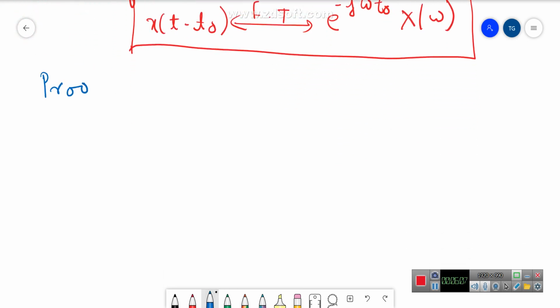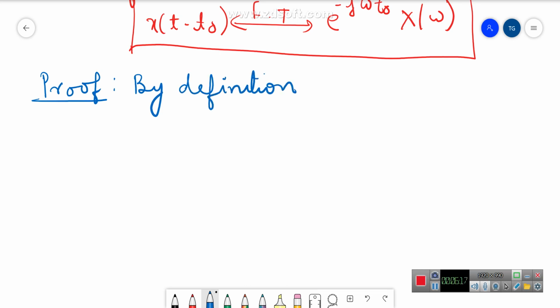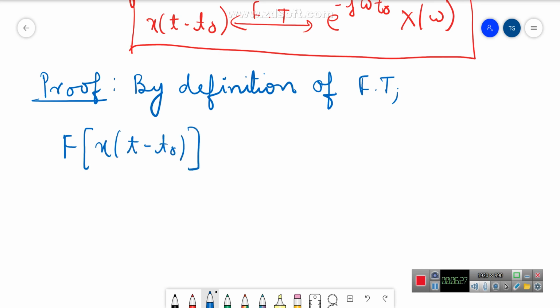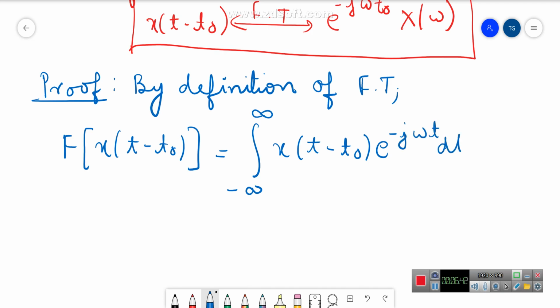The proof of this is simply, first, by the definition of Fourier transform. We know that the Fourier transform of x of t minus t naught can be written as the integral from minus infinity to infinity of x of t minus t naught e to the power minus j omega t into dt.